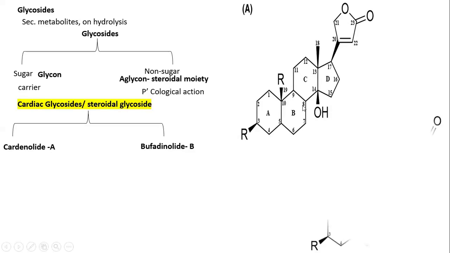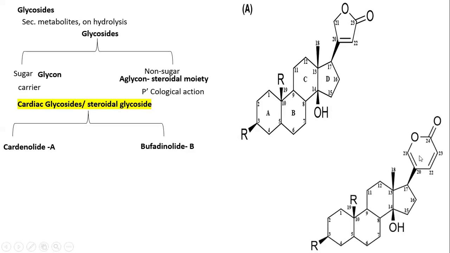What is bufadinolide? Bufadinolide is a steroidal moiety to which, at the beta 17 position, a six-member lactone ring is attached. So what is the difference between cardenolide and bufadinolide? Cardenolide is a C23 steroidal moiety with a five-member lactone ring, attached at the C17 position, with 23 carbon atoms.